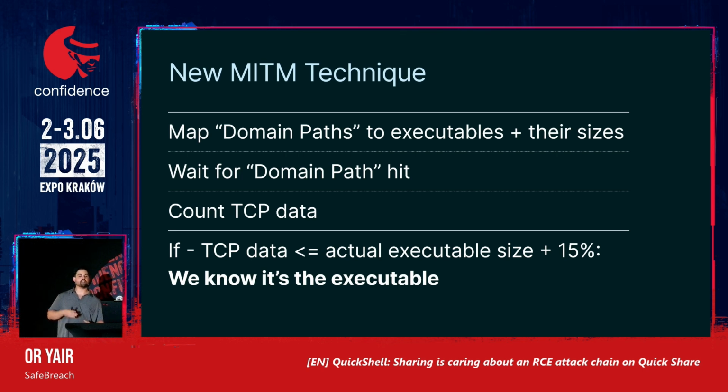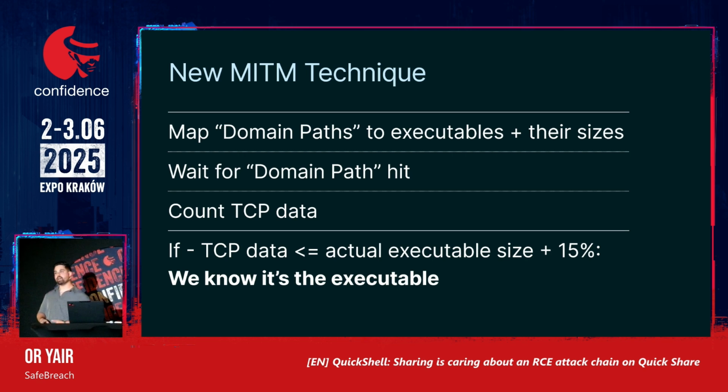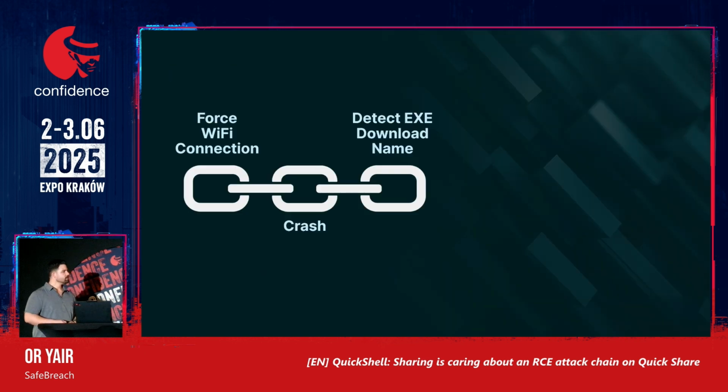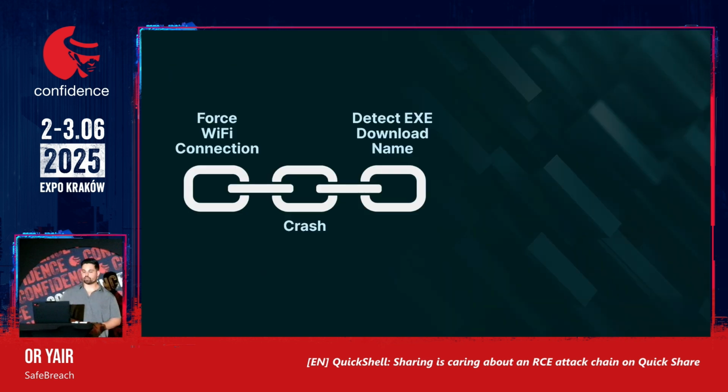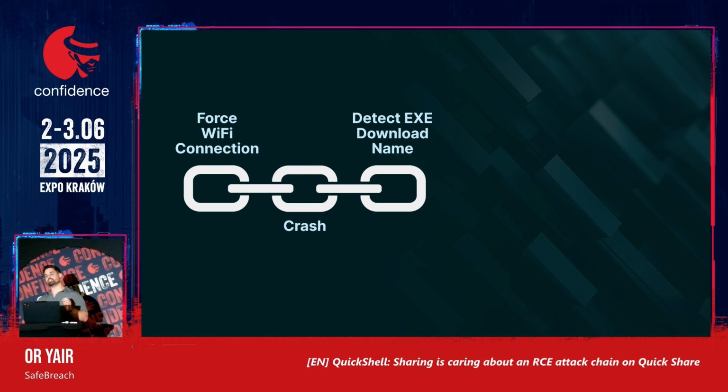Then if the size is equivalent or a bit bigger than the size of the executable that matches this domain path, then we know that it's probably this executable. And by doing so, we added another link to our remote code execution chain, allowing us to detect names of executables that are downloaded by the victim.